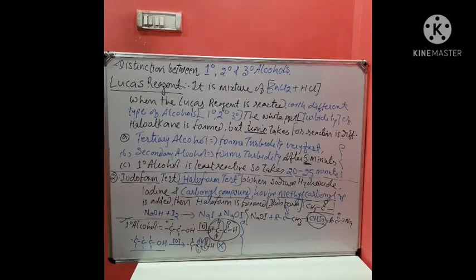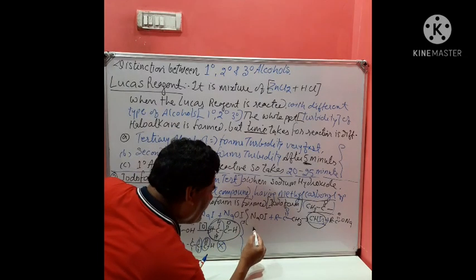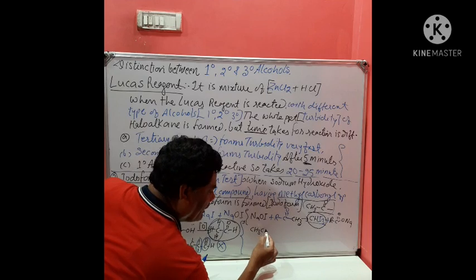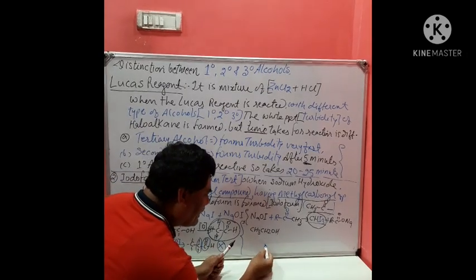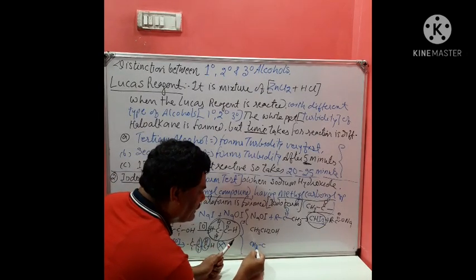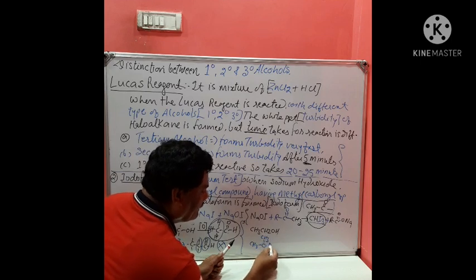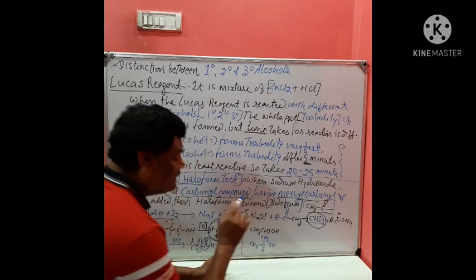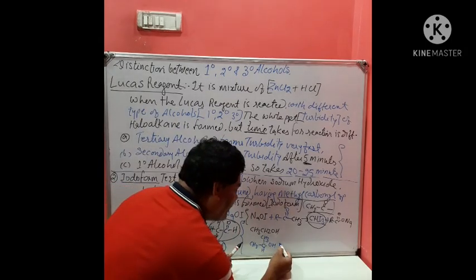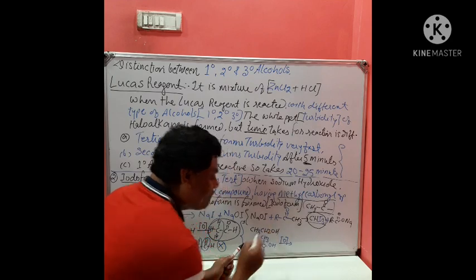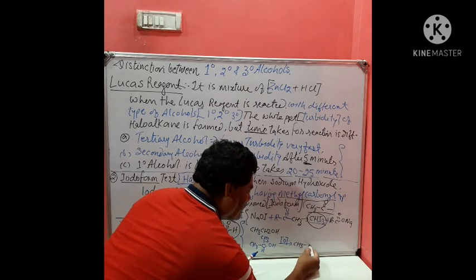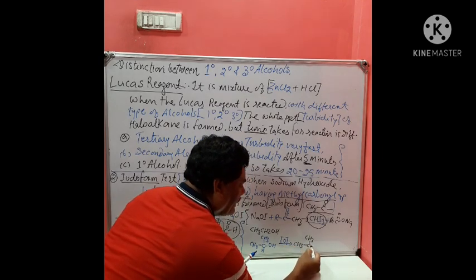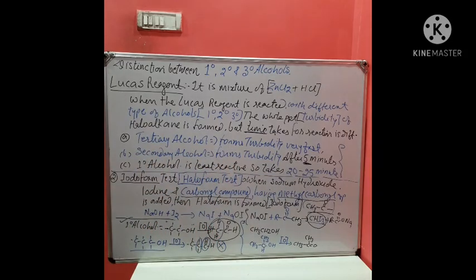How will you distinguish primary and secondary alcohol? Primary alcohol is CH3CH2OH. But the secondary alcohol is CH3, C, CH3, with OH and H. This is secondary alcohol. When the secondary alcohol is oxidized, it will form CH3, C double bond O, CH3.